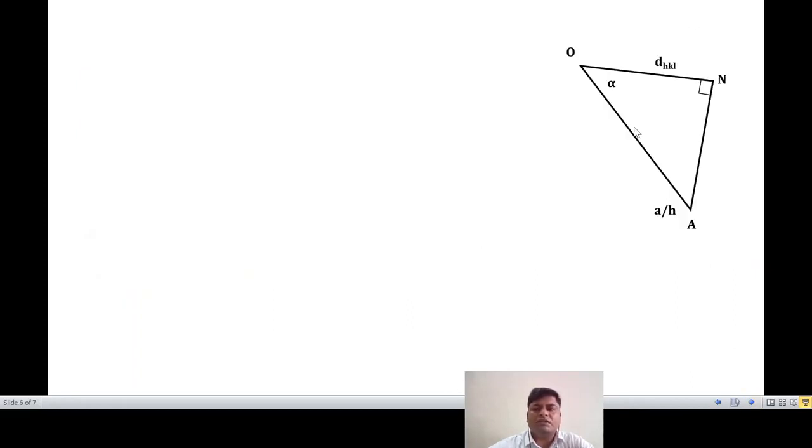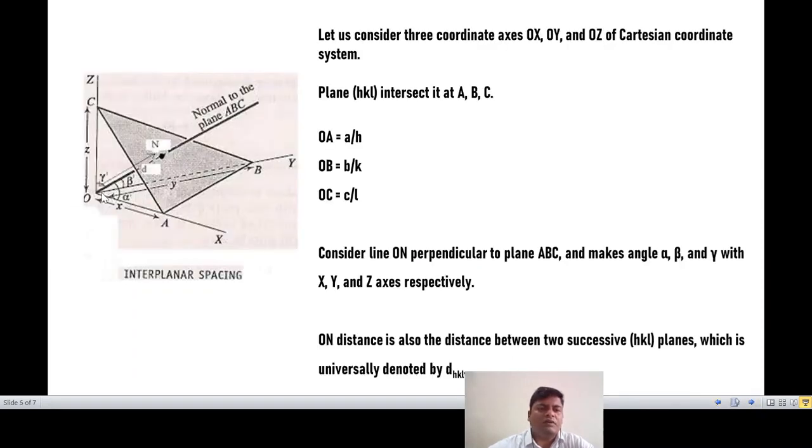So let us consider the triangle ONA, because in the figure you can see we have drawn the ON perpendicular on this plane ABC. So what we have to do is join this NA, and consider only the triangle ONA. In this, the angle AON is nothing but alpha, and angle ONA is nothing but 90 degrees. Why? Because we have made a perpendicular on this plane.